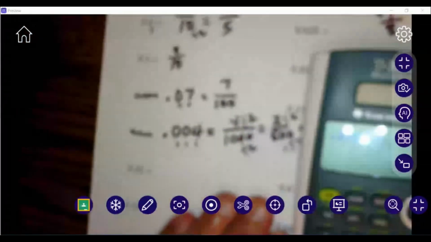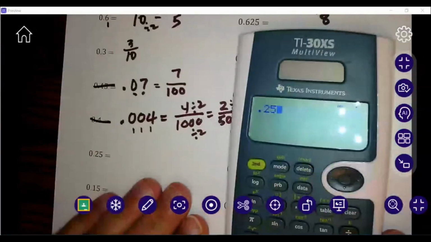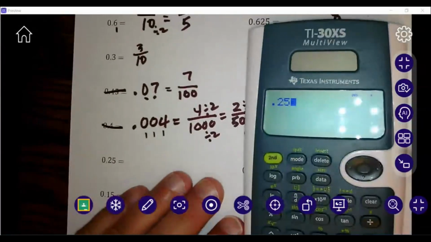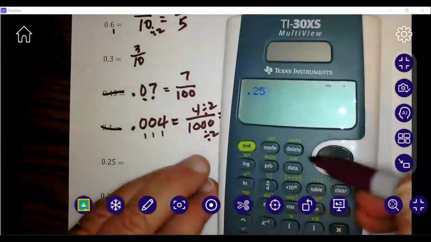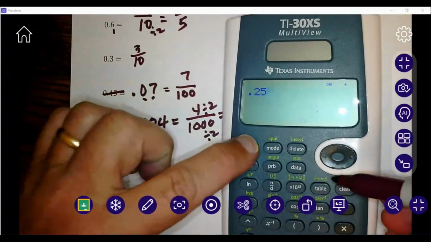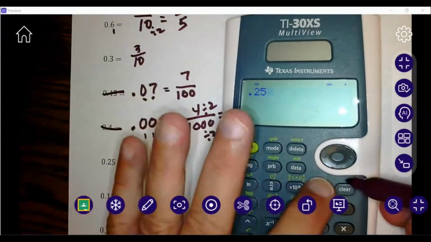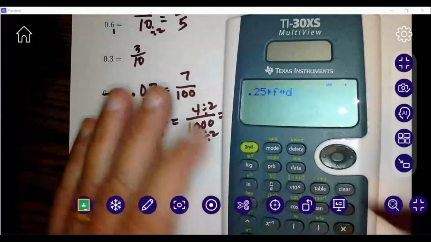So on my calculator, I've punched in 0.25, and since that marking is in green, I have to hit the green key, the second key, and then hit the table key, which is the key up above.